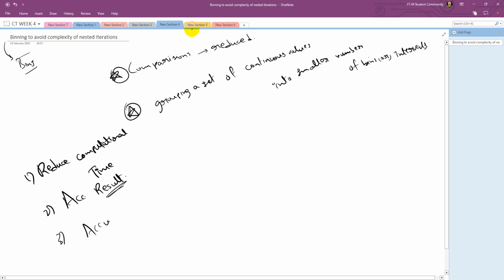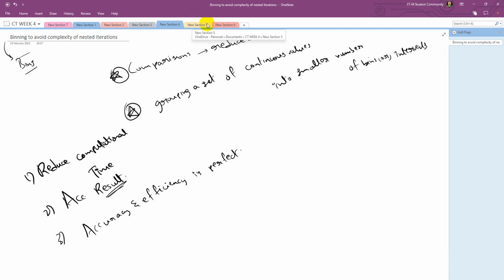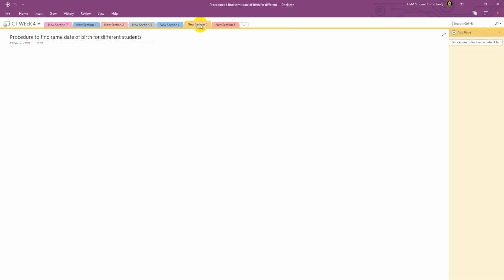Accuracy and efficiency, right, guys? Accuracy and efficiency is perfect when binning is used in the case of nested iteration. So this is how binning helps us in the case of nested iterations.